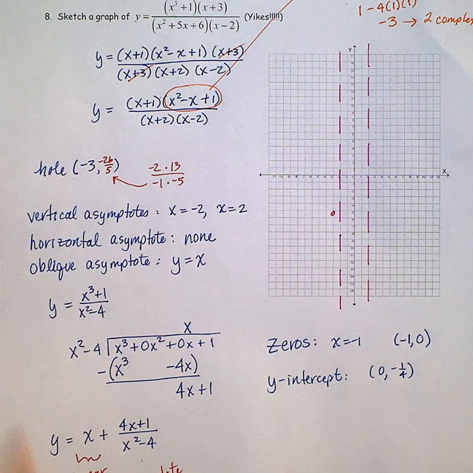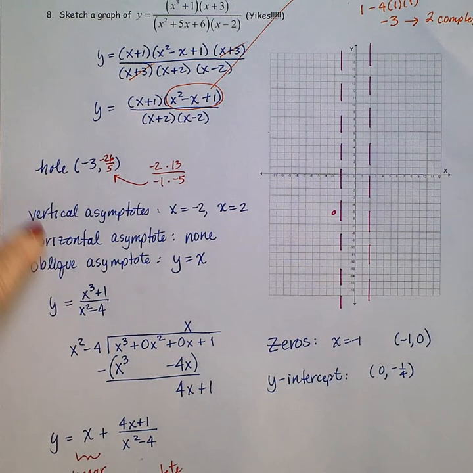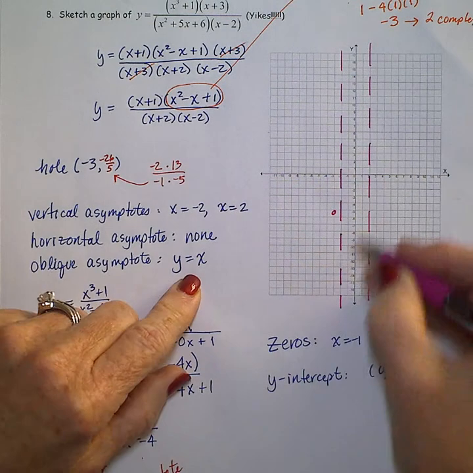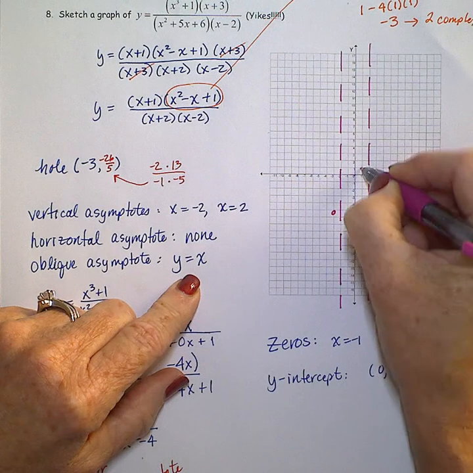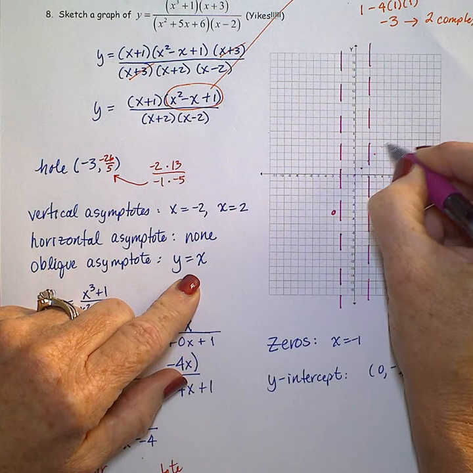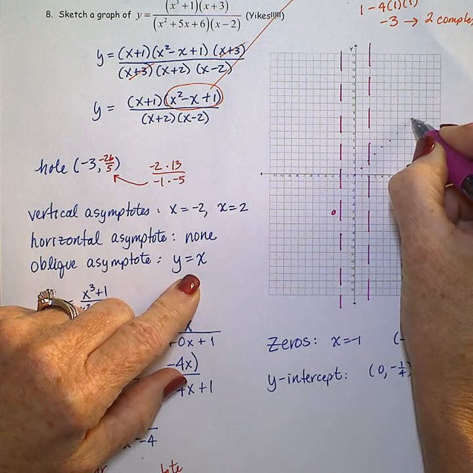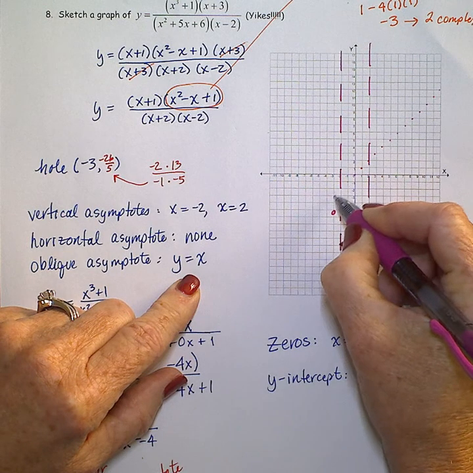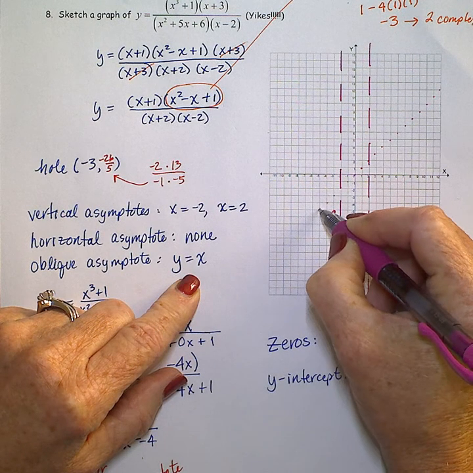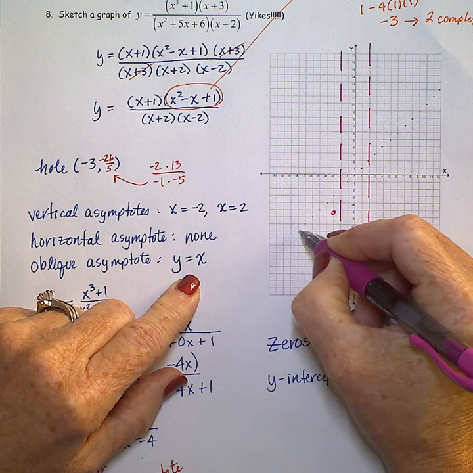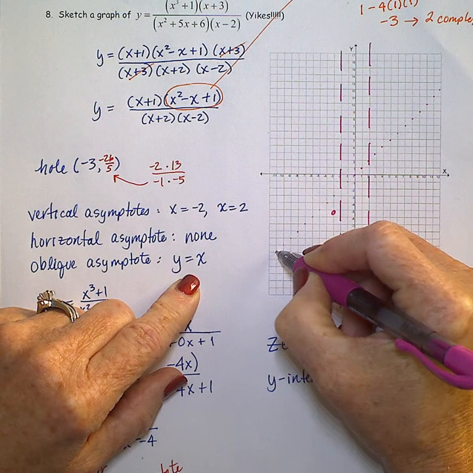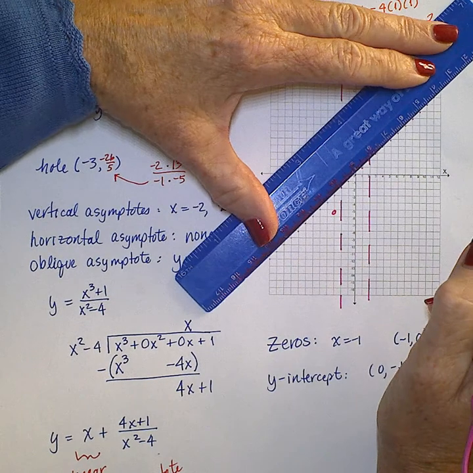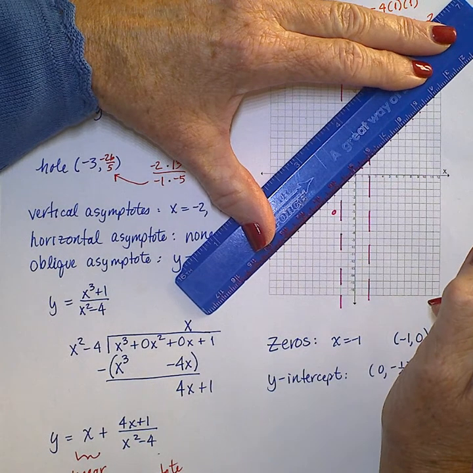Got my hole in, got the verticals in. I need to put my oblique asymptote in. And the oblique asymptote is y equals x. Again, I like to kind of follow that slope all the way out for the entire length of the grid. And then I make sure that I don't twist my ruler a little bit and get off.